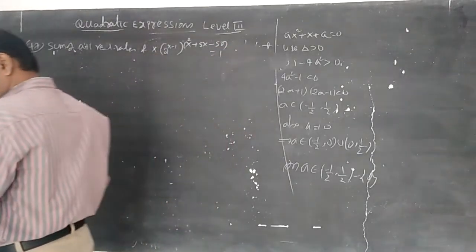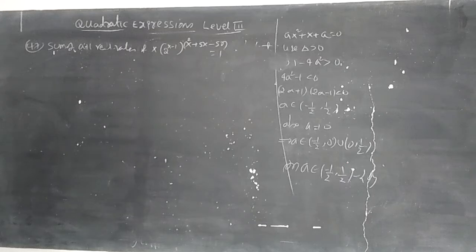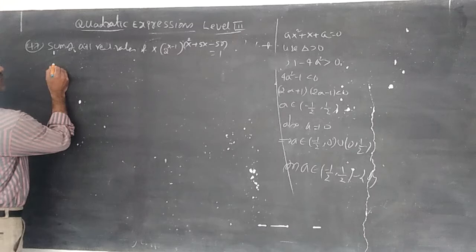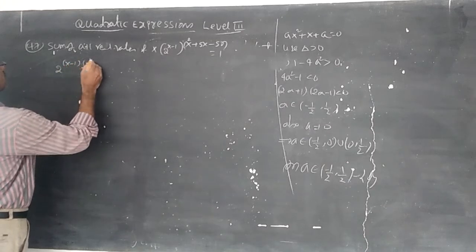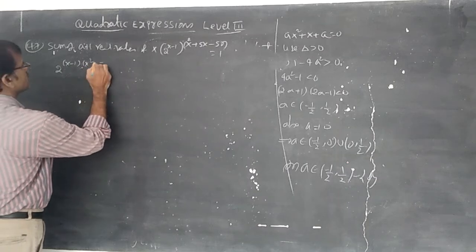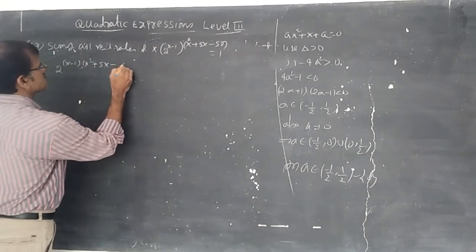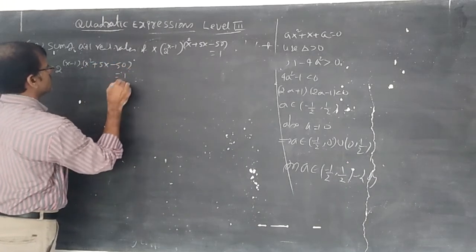In the old concept, first of all, put it like this: (2 power x minus 1) into (x square plus 5x minus 50) equal to 1.